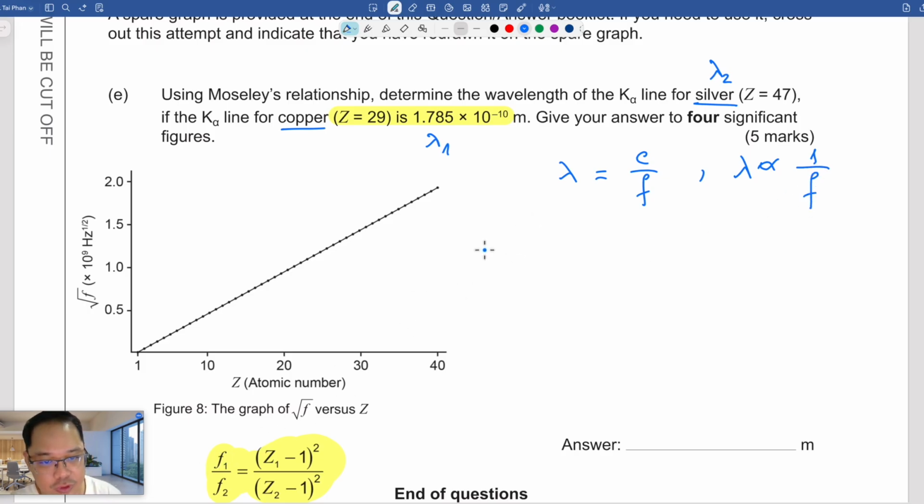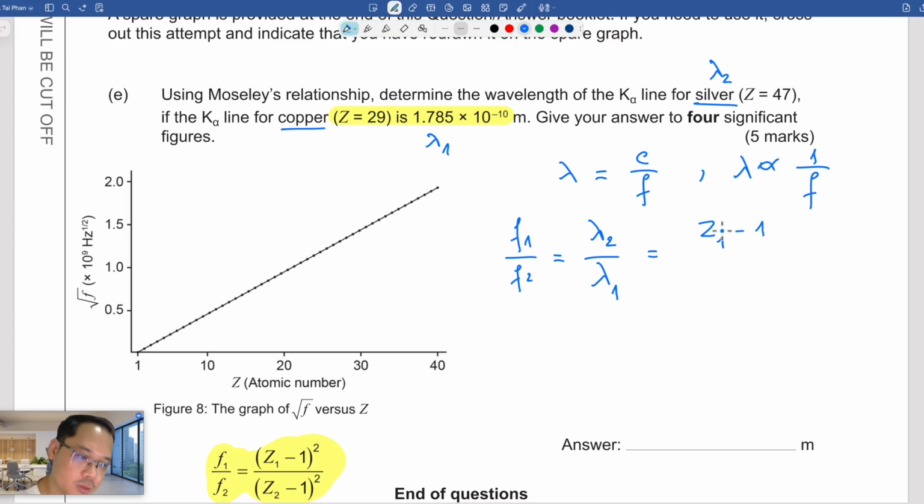Therefore, the ratio of frequency F1 over F2 is the reciprocal of the wavelength ratio, which means lambda 2 over lambda 1. And here we copy that formula, (Z1 minus 1) squared divided by (Z2 minus 1) squared.